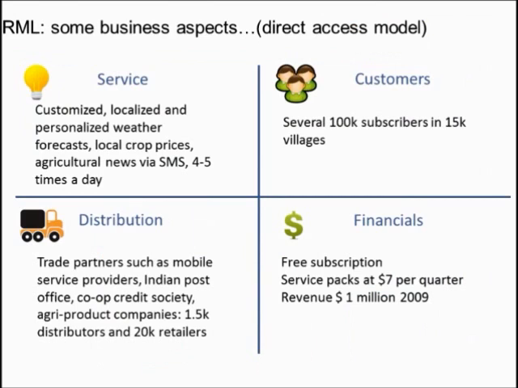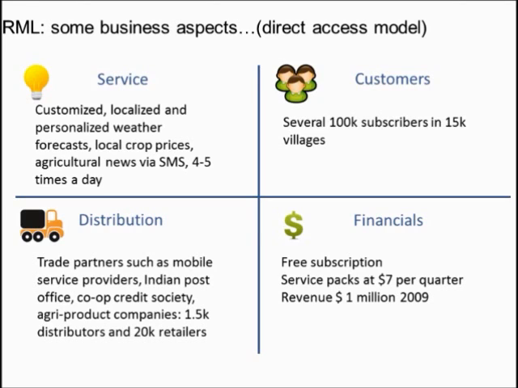So some of the business aspects of Reuters Market Lite. Well, the service I explained already. Maybe good to know that it can go up to 4 or 5 times a day. So the timeliness of the information is very important.